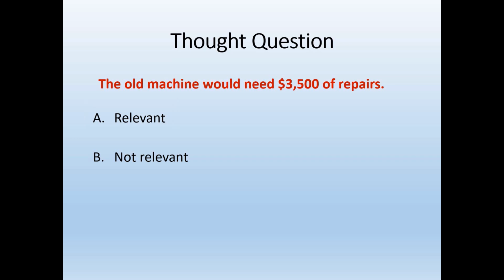The old machine would need $3,500 of repair. Is that relevant to this decision? Yes, it is. If the firm decides to keep the old machine, then it will have to pay $3,500 for repairs. But if it decides to get a new machine, then that cost won't occur.